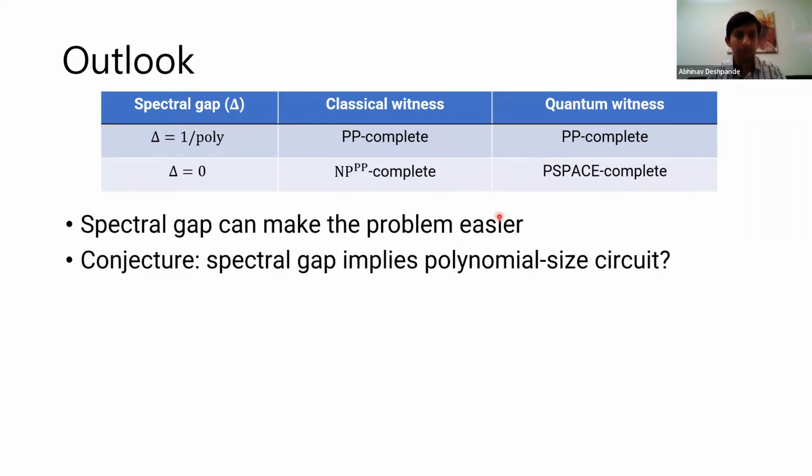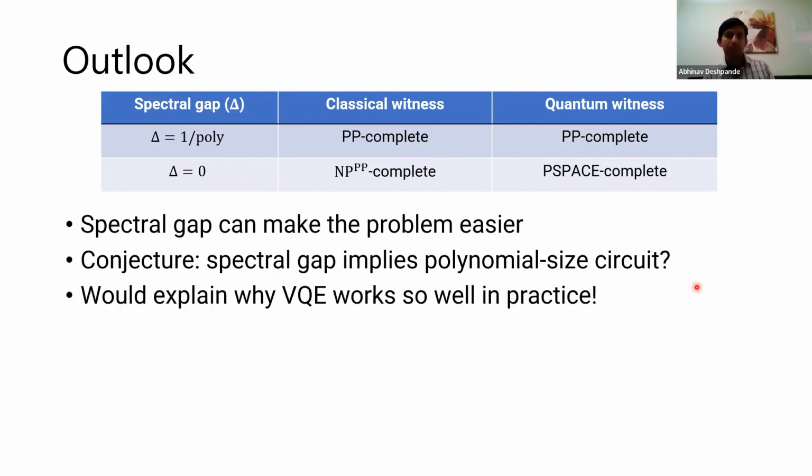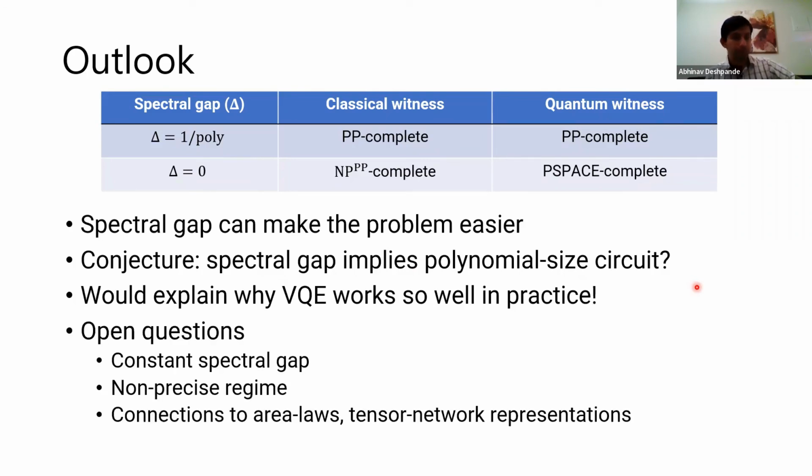So that's what motivates our conjecture, that the spectral gap already implies the existence of a polynomial sized circuit or a classical witness. And this would explain why VQE works so well in practice. So as for open questions, we can study the case of a constant spectral gap instead of an inverse polynomial spectral gap and see whether the complexity can reduce even further.